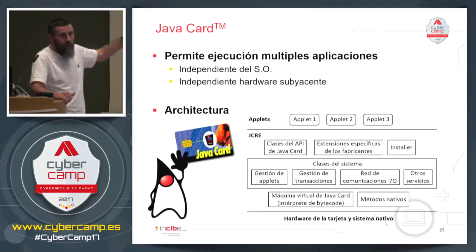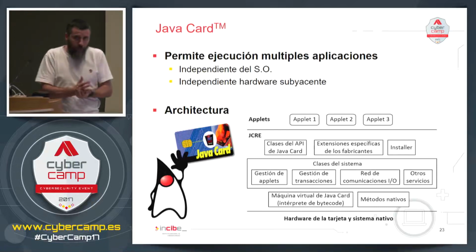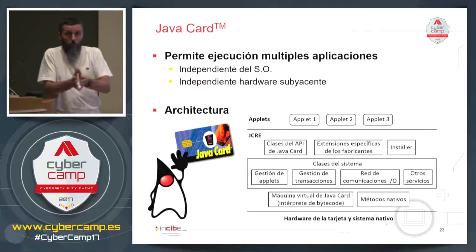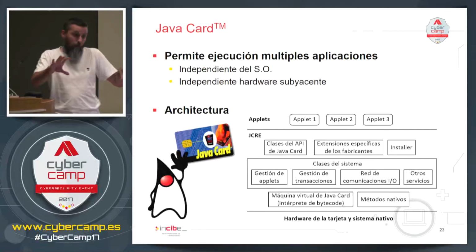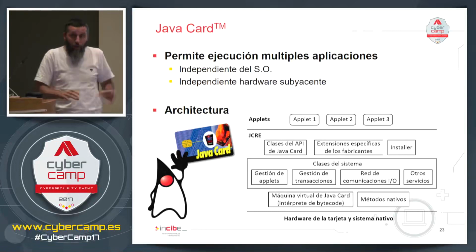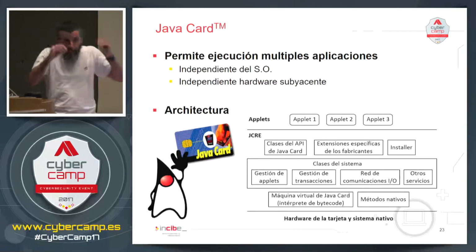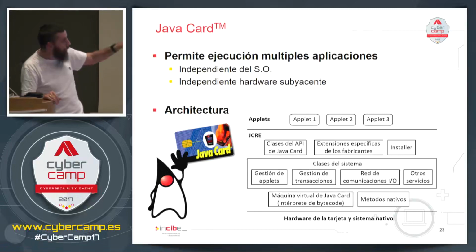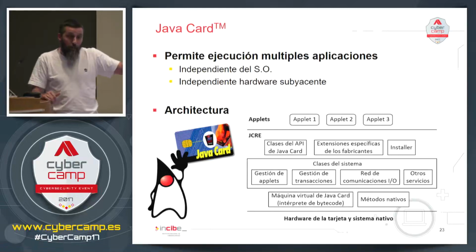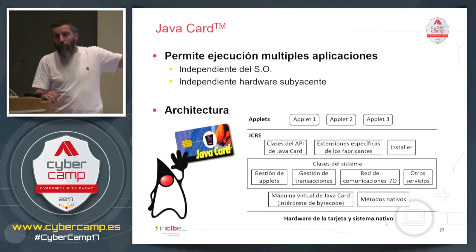This architecture is very similar to the one that we find in a Java system. With Java, we have the operating system and the Java virtual machine on top of it. Here you have the proprietary CPU from the X manufacturer, and then the Java Card layer that exports an API.